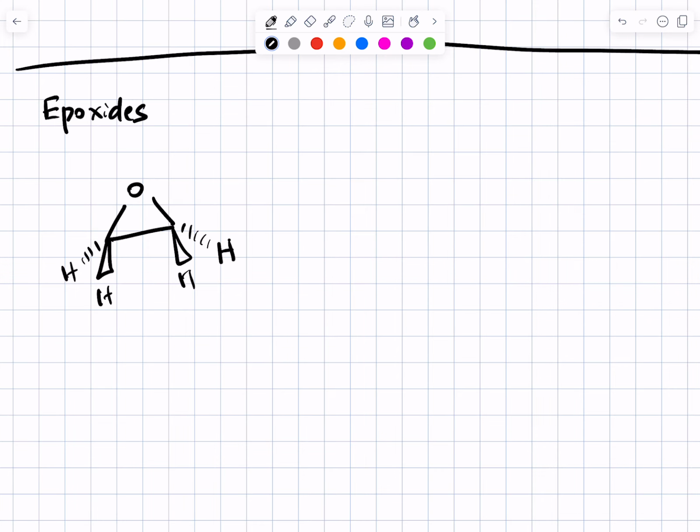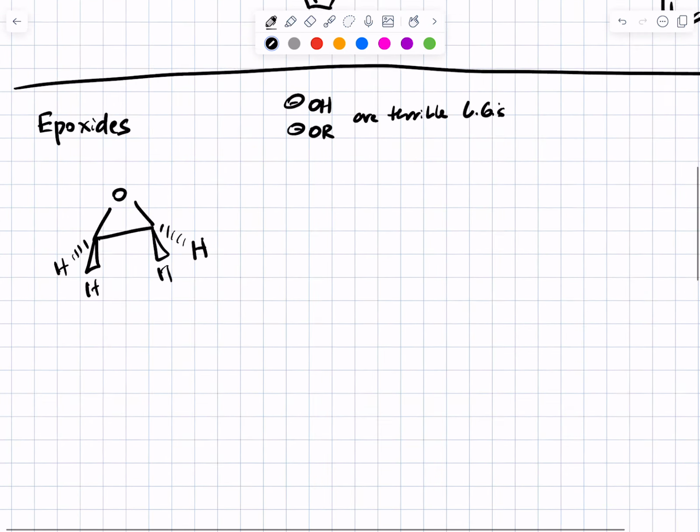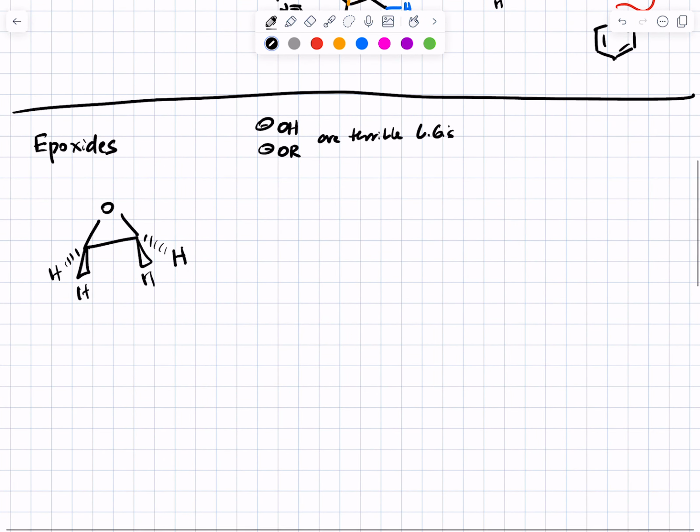But epoxides have unique reactivity that other ethers do not. We've started to be used to the idea that OH minus and by extension OR minus are terrible leaving groups. Nevertheless, in the epoxide, we're going to see chemistry occur that you might otherwise expect wouldn't occur.